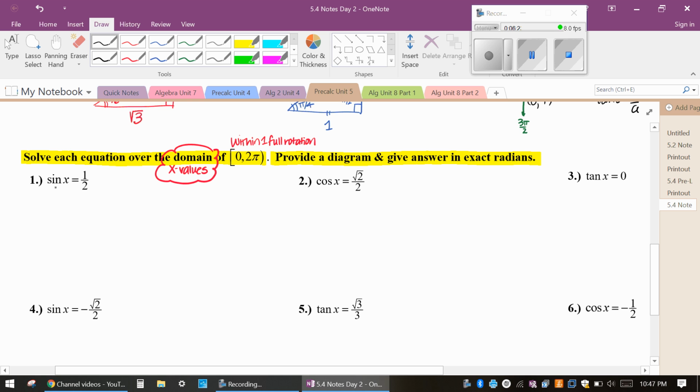Number 1. The sine of what angles in radians, the sine of which angles give me a half? Well, first things first. Sine is the y value of an ordered pair.